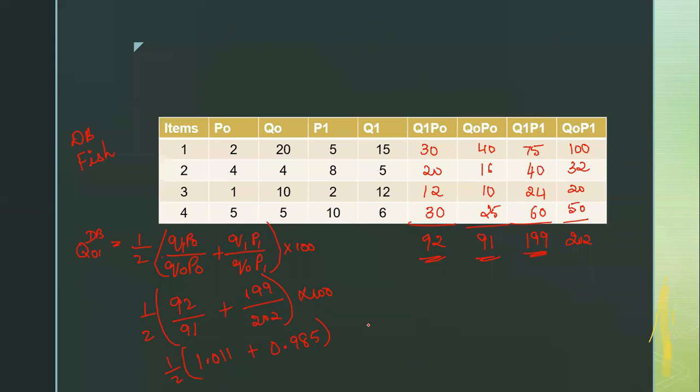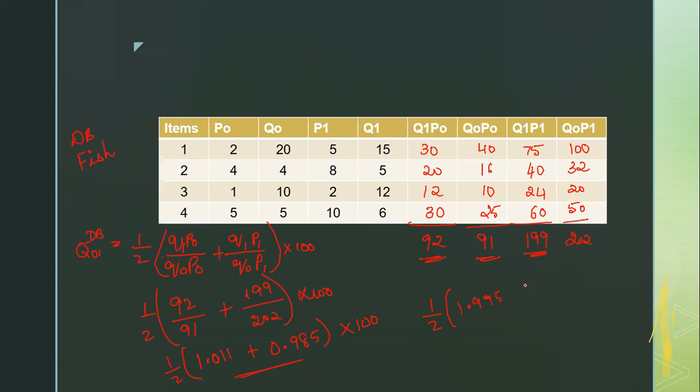Okay, here what you have to do? Here you have to multiply with 100 because we have not converted the points into percentage. First add these values. 1.011 plus 0.985, how much do you get? What is the answer? 1.995.